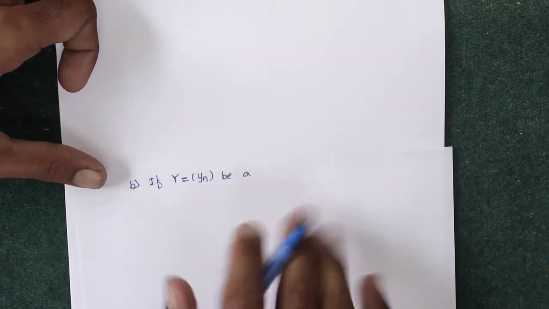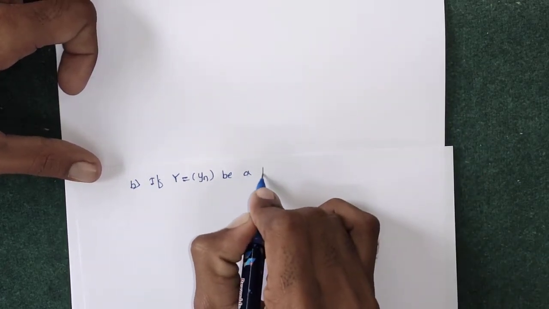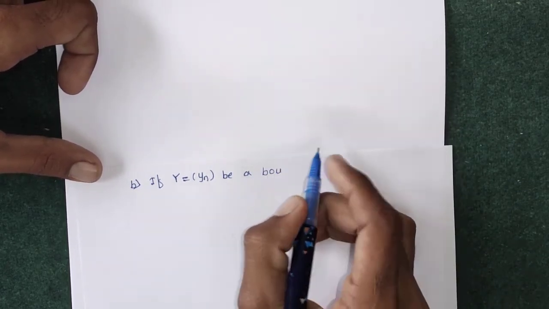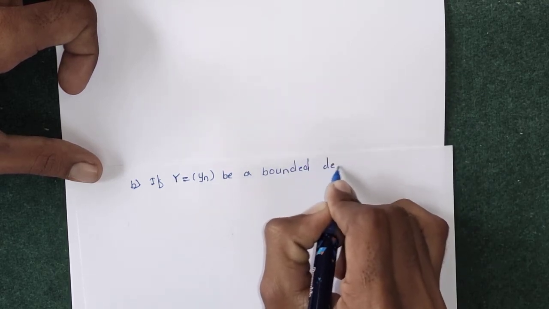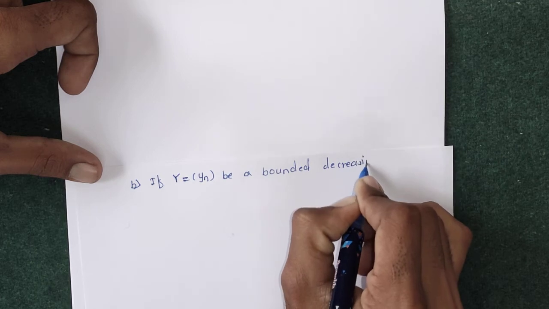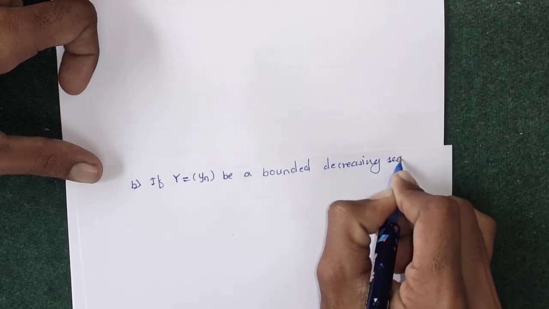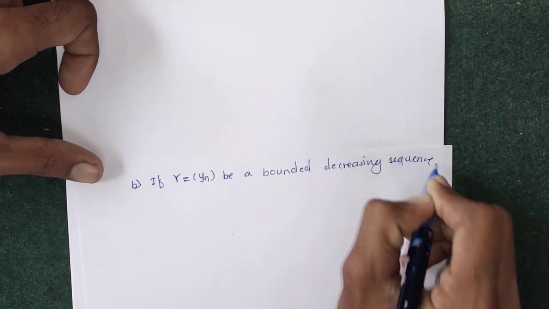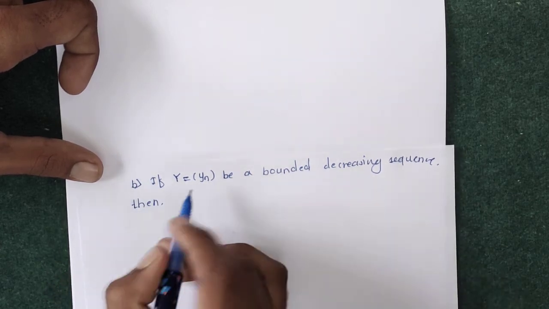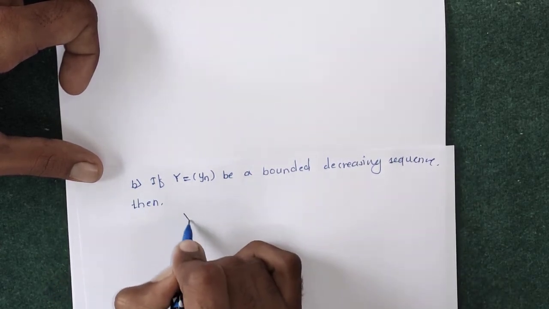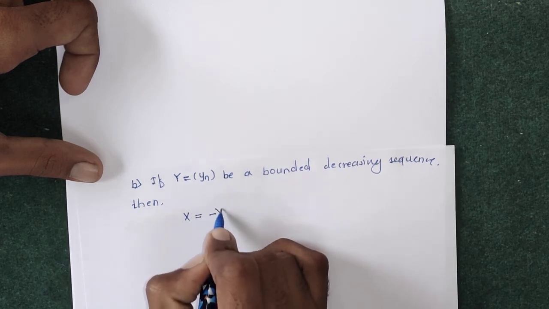bounded sequence which is decreasing, that is, a bounded decreasing sequence. Then we can write the sequence x equals minus y.